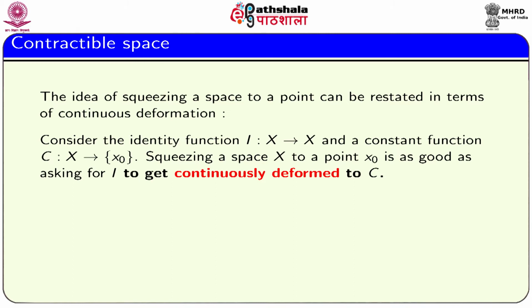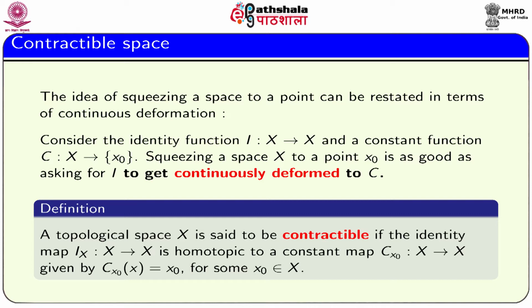Squeezing a space X to a point x0 is as good as asking for capital I to get continuously deformed to the function capital C. So, we define it formally that a topological space capital X is said to be contractible if the identity map I_X from X to X is homotopic to a constant map C_x0 from X to X, where x0 is a particular point chosen from capital X.